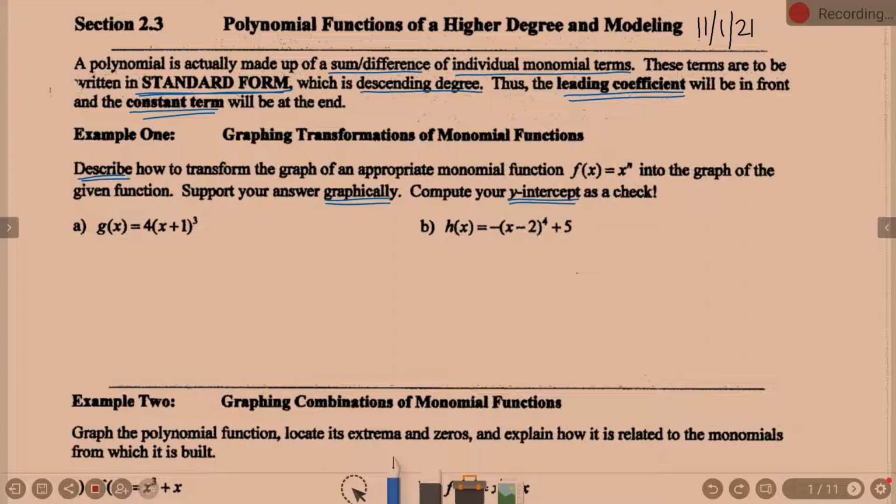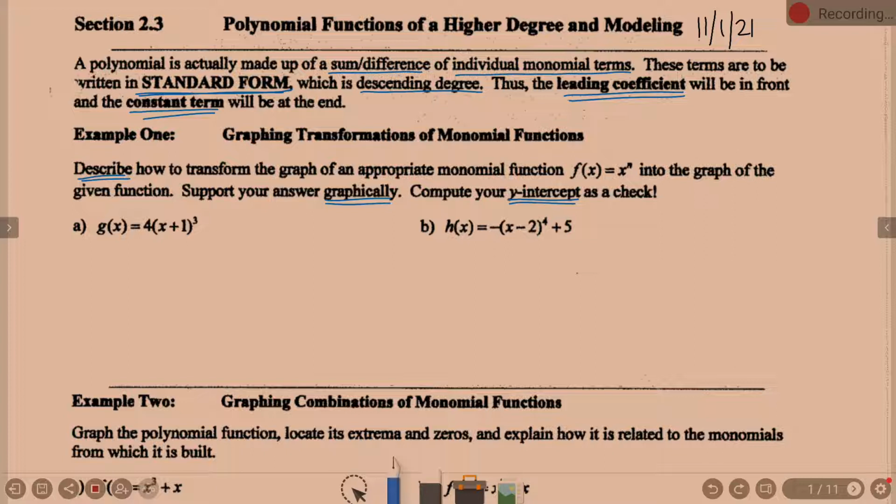A number added or subtracted inside parentheses is going to move your graph left 1. I agree. What else? It doesn't stretch. Okay. The number multiplying out front is a vertical stretch or compression. In this case, 4 is a number that is much bigger than 1, so it is a stretch by a factor of 4.